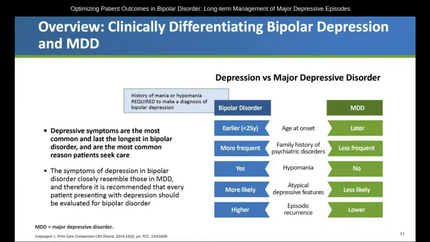So you have to kind of look for that. Hypomania, again, they won't recognize it. You have to go through an educational process. Atypical depressive features, sometimes people feel it's more associated with bipolar, sometimes they don't. But the cyclicity and the frequent recurrence of mood episodes, I do think, is probably a little bit higher than major depression.